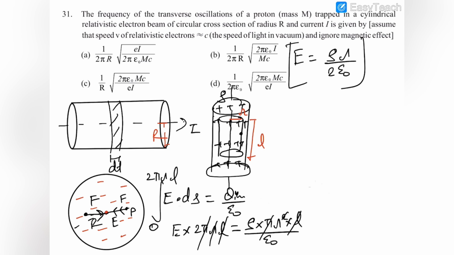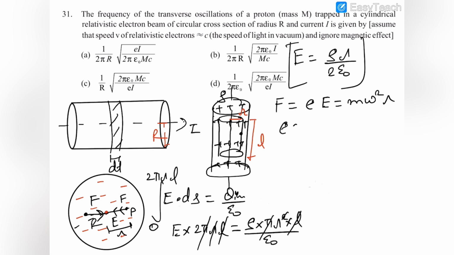Now this is E, and the force acting on the proton will be e times E, and this would be equal to m omega square r, where r is the instantaneous distance of the proton from the central axis.